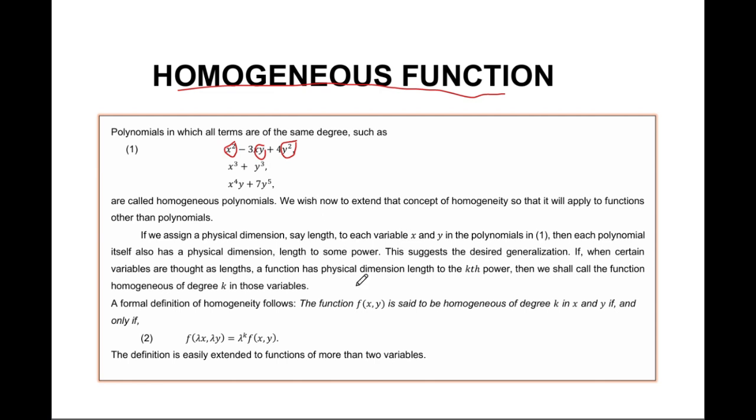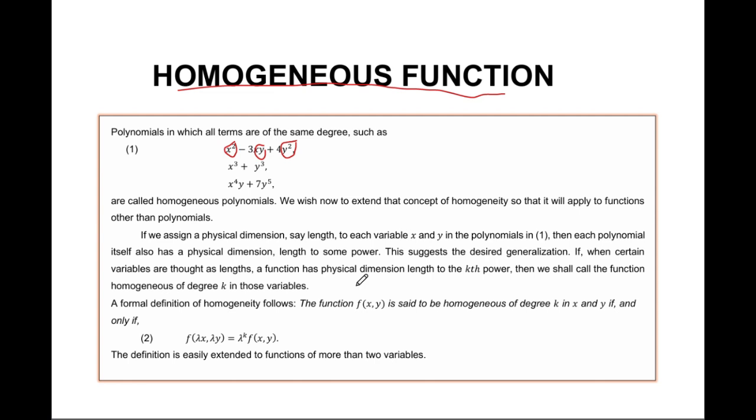We wish now to extend the concept of homogeneity so that it will apply to functions other than polynomials. If we assign a physical dimension, say length, to each variable x and y in the polynomials in equation 1, then each polynomial itself also has a physical dimension, length to some power.